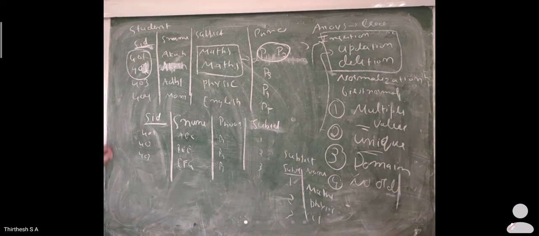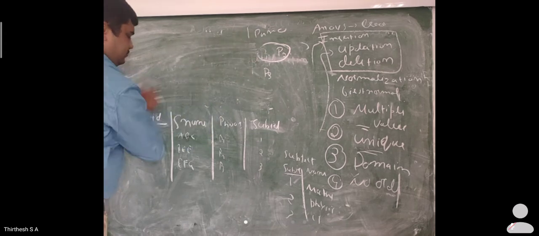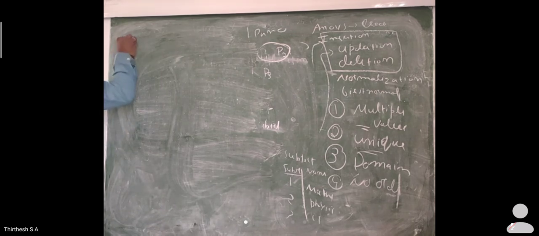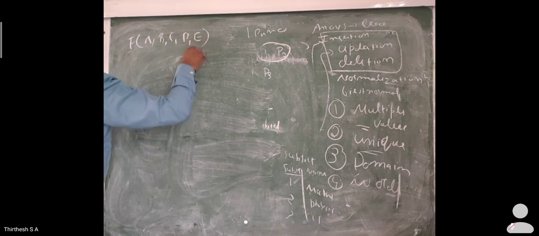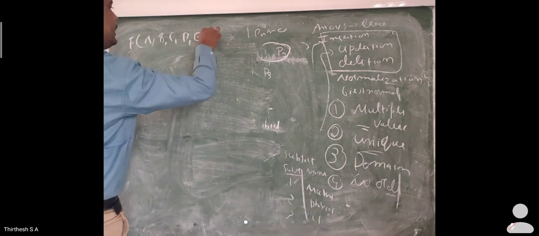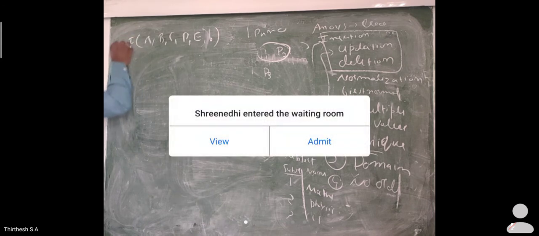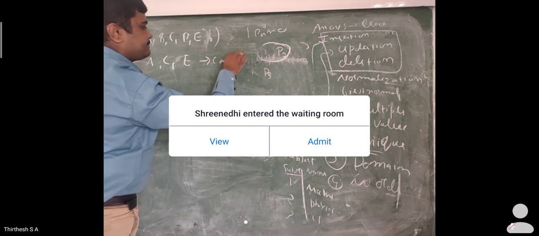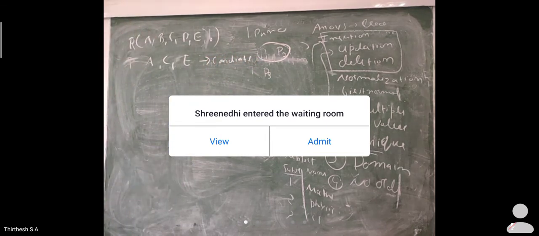Say, for example, you have a relation R of A, B, C, D, E and F. Okay. So here A, C and E are the candidate keys.